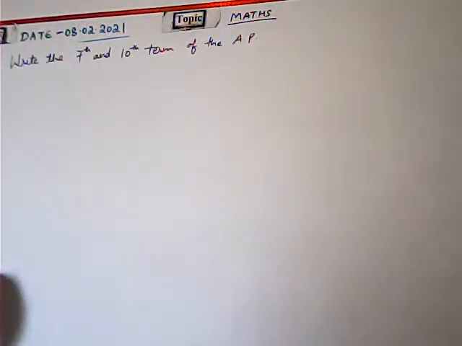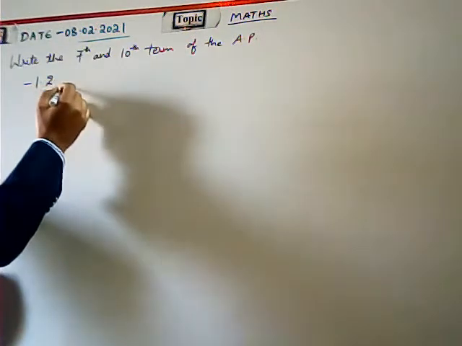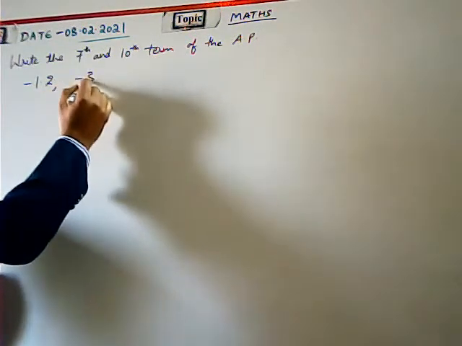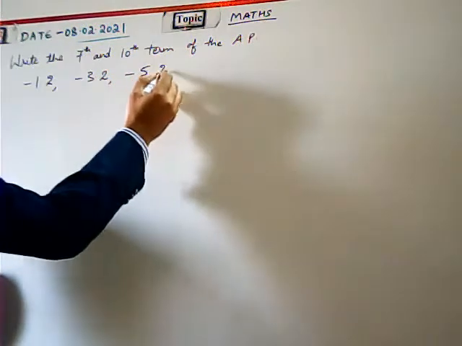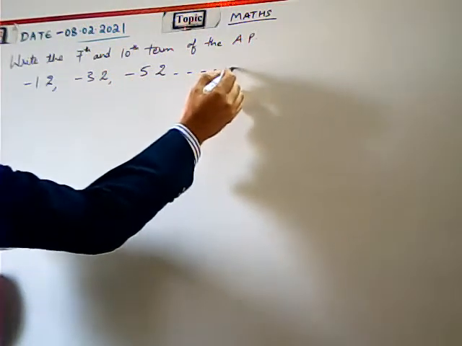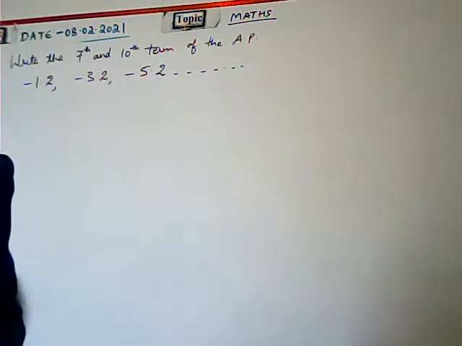Write the seventh and the tenth term of the AP, that is minus 1.2, minus 3.2, minus 5.2, and so on. So here we are interested to find the seventh term and the tenth term.